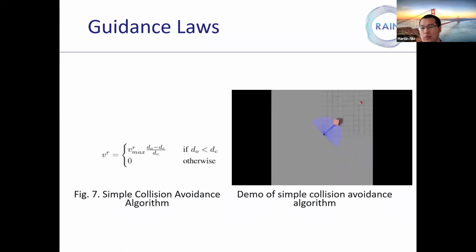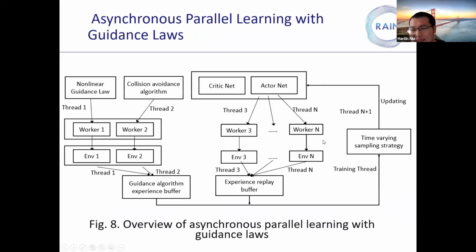When we were children, we started to learn from very simple tasks. So like this, I make it learn from a simple collision avoidance scenario, to just avoid one single obstacle. And then we integrated it into a more complex scenario.